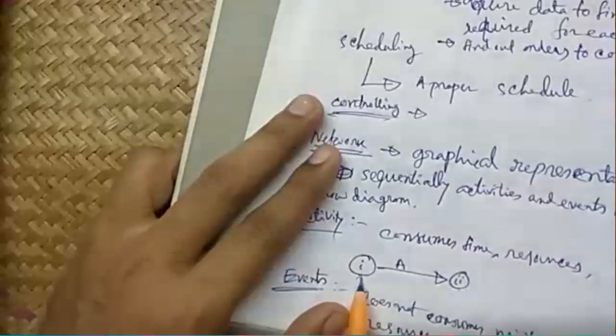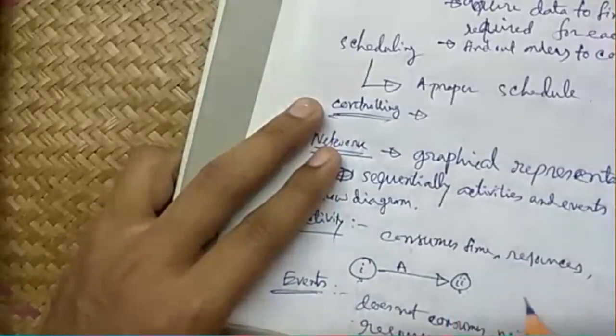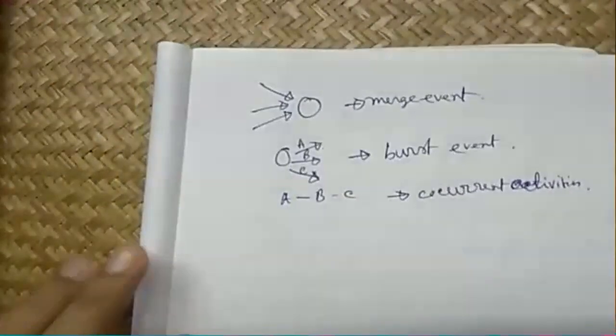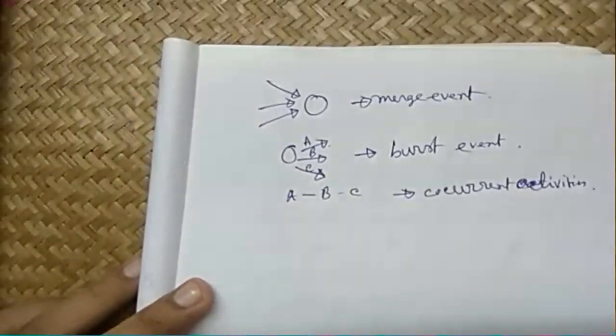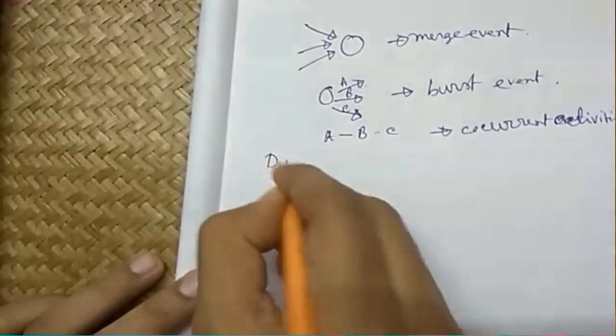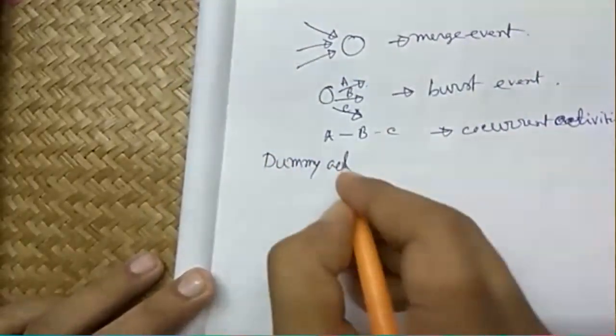And here this is called preceding event, this is called succeeding event. Okay, now we need to know a term which is called dummy activity.